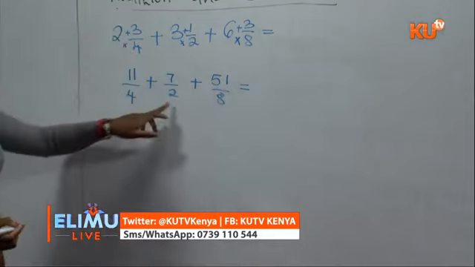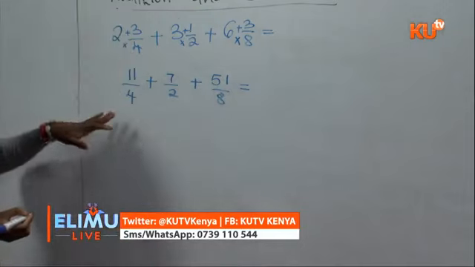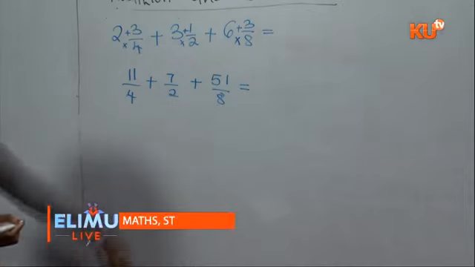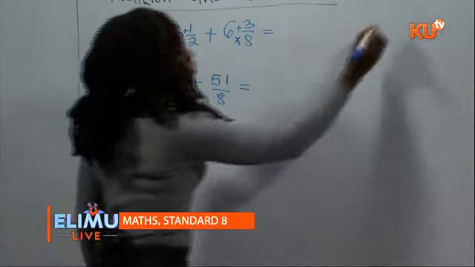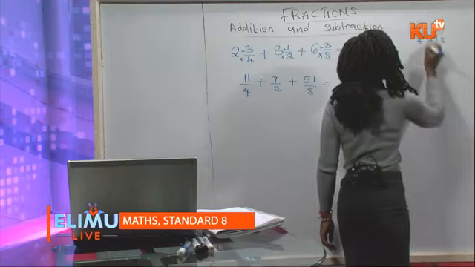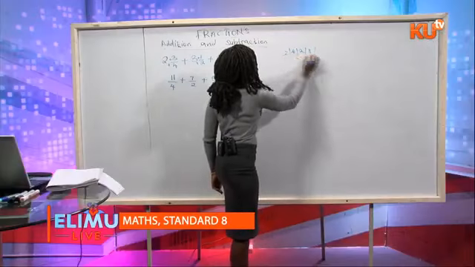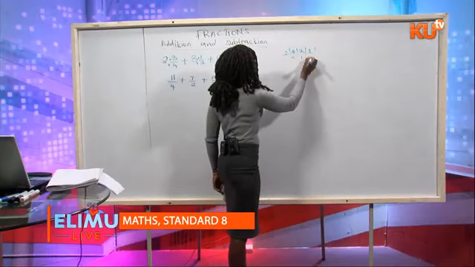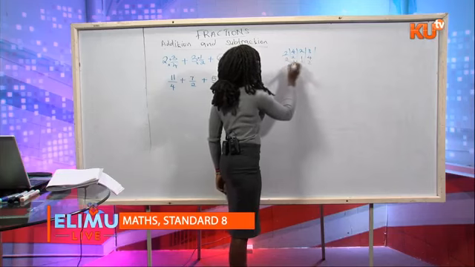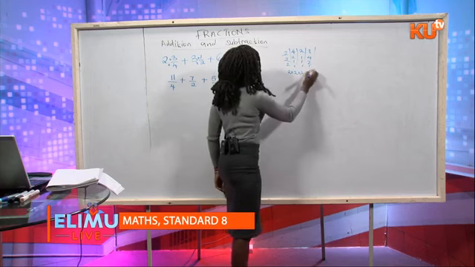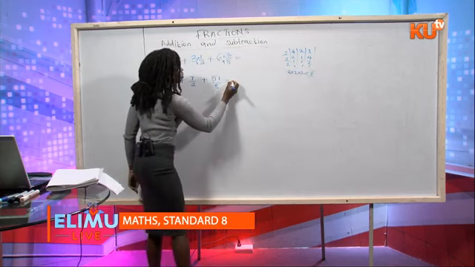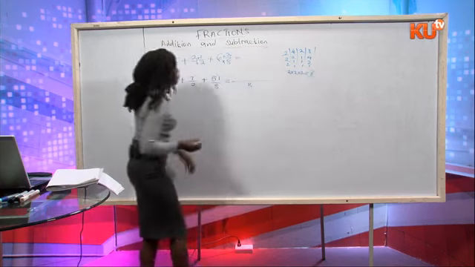So we have denominators 4, 2, and 8. We get the LCM of the 3 numbers, 4, 2, and 8. So it is 2 times 2 times 2, which is 8. So I'm going to use 8 as my LCM.